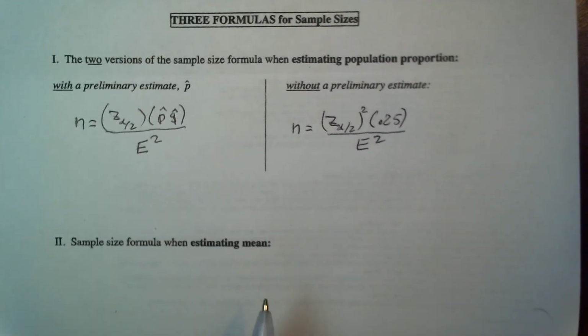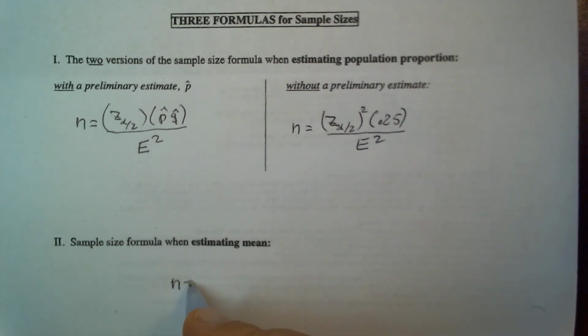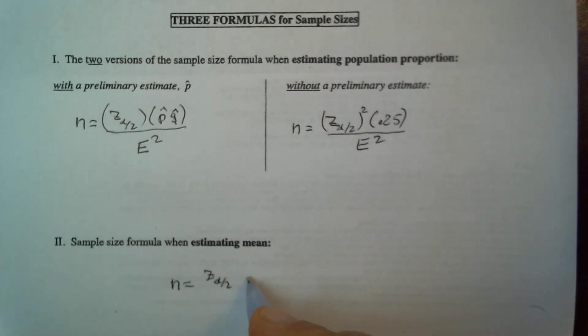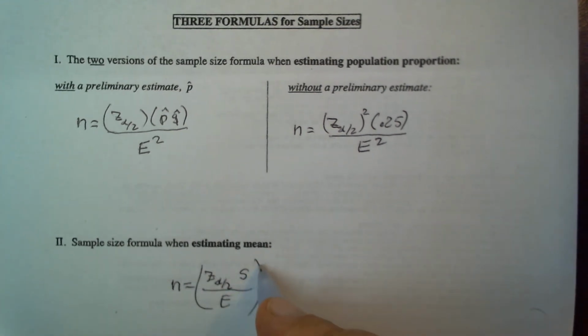And the sample size formula when estimating a mean is n equals z sub alpha divided by 2 times the sample standard deviation divided by the margin of error, quantity squared.